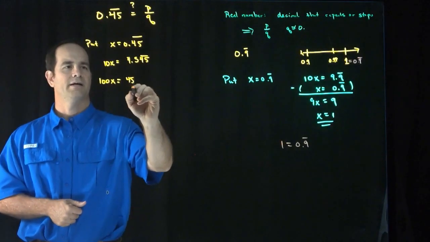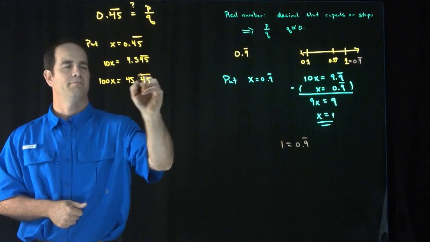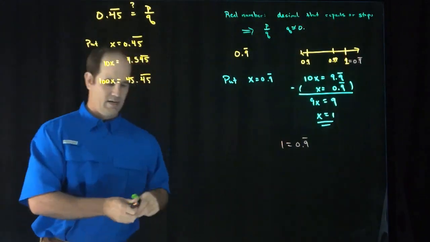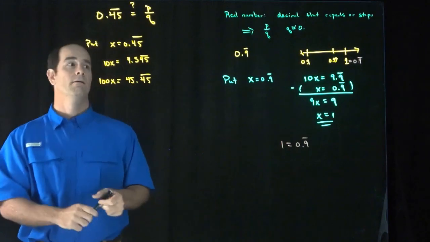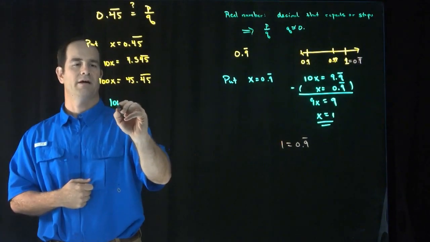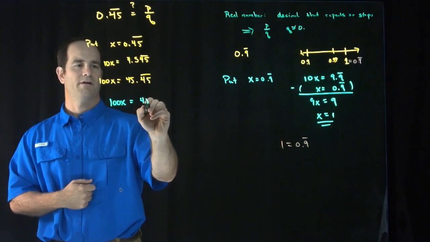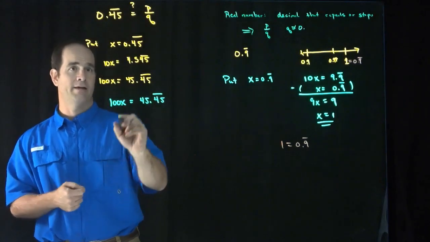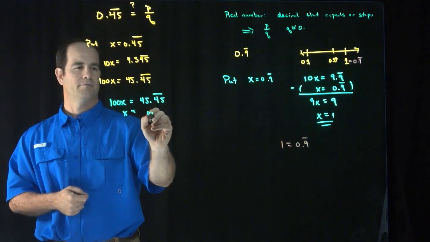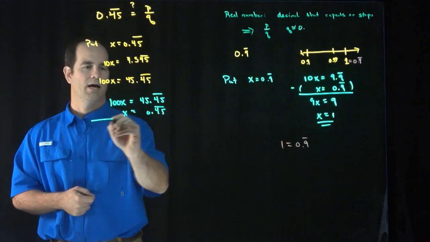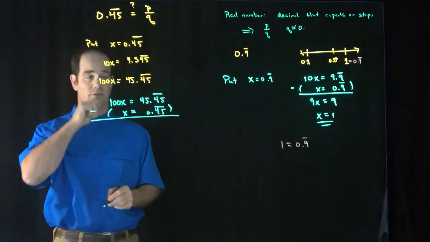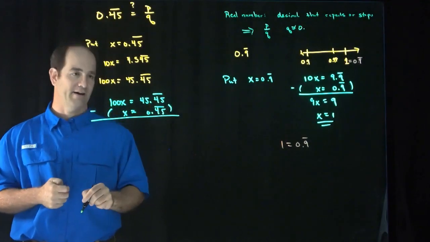So 100x is 45.45 repeating, and I see potential here. If I was to take 100x, which is 45.45 repeating, and subtract from that x, which is 0.45 repeating, I would be able to cancel the repeating 4, 5.